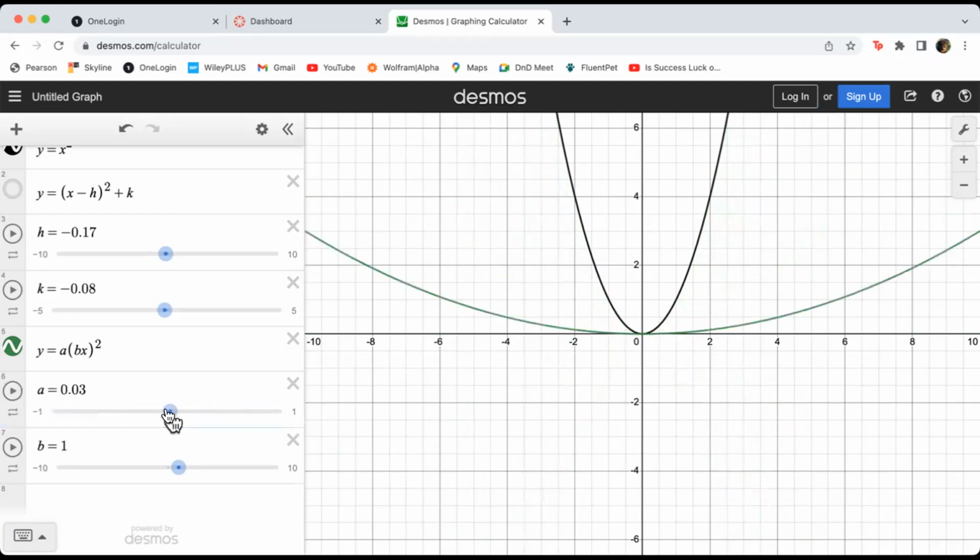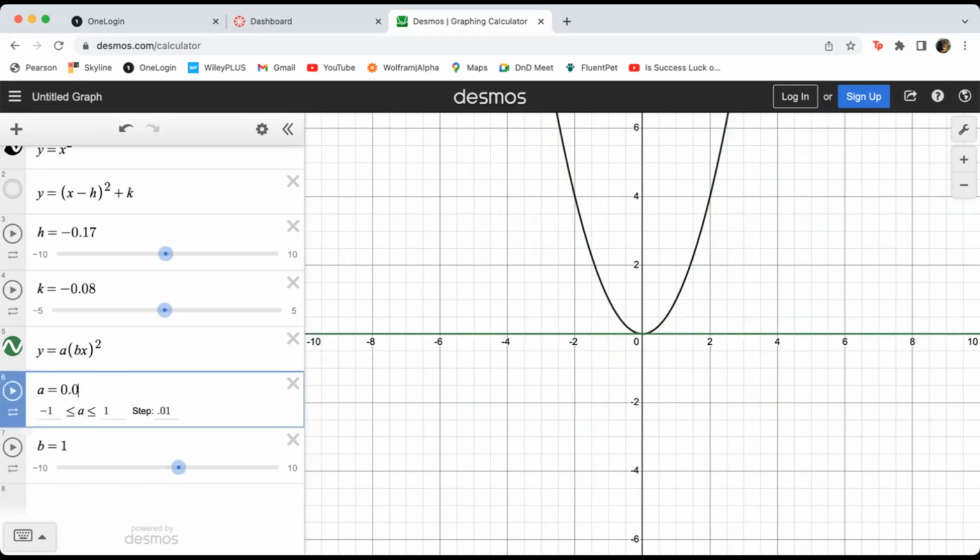So here's where A is 0.3, 0.1. There we can see, it doesn't seem to pull off of the x-axis at 0.001. It doesn't seem to pull off of the x-axis until we get x out to 10 or so.